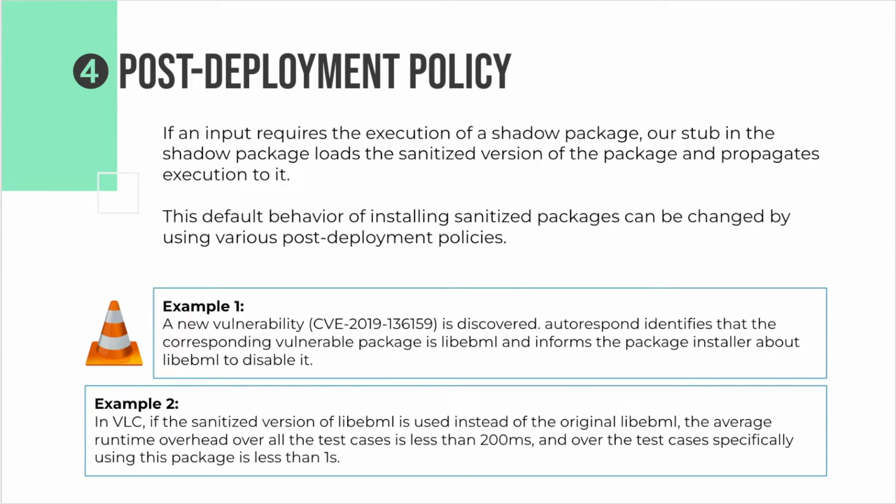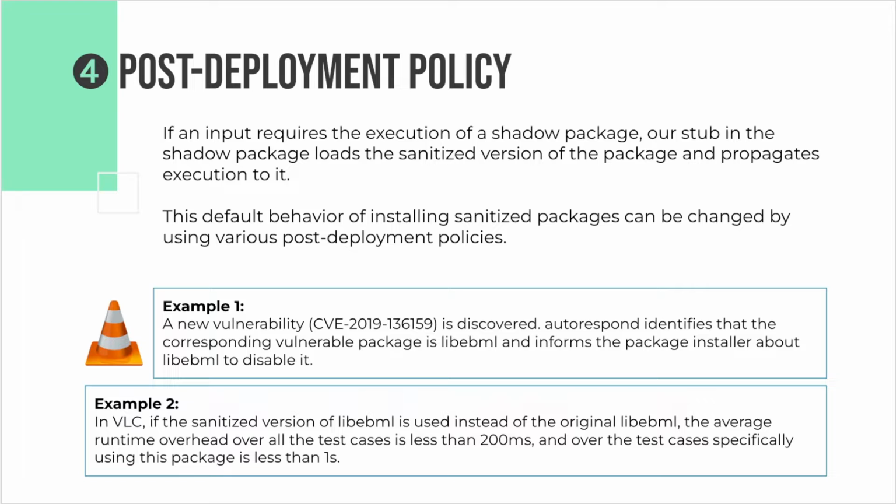The last piece of the puzzle is post-deployment policy. If an input requires the execution of a shadow package, a stub in the shadow package loads the sanitized version of the package and propagates execution to it. Suppose a new vulnerability is discovered, and PacJam finds that the vulnerable package is libebml. In this case, auto-respond informs our package installer about this package, which will be disabled by replacing it with the corresponding shadow version and also setting a flag in the shadow package database.